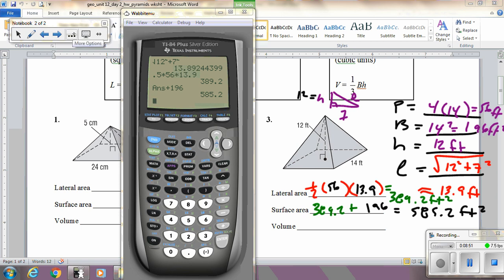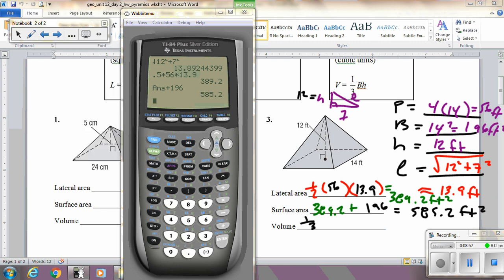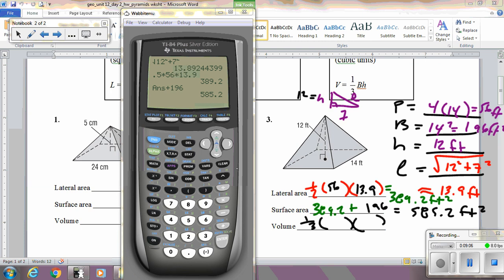And again, to find our volume, we're going to take 1/3 times our base area times our 3D height. Our base area is 196. 3D height was 12.